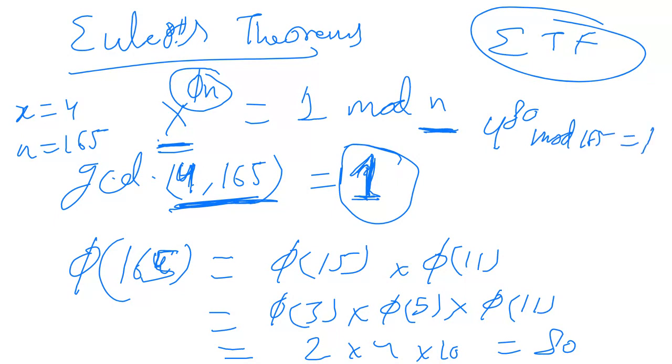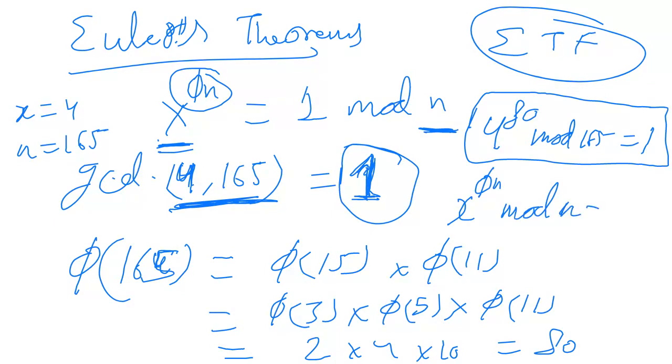All right. So this gives rise to two more statements. That is x to the power phi n mod n is equal to 1. Another statement from Euler's theorem. This is one statement from Euler's theorem.